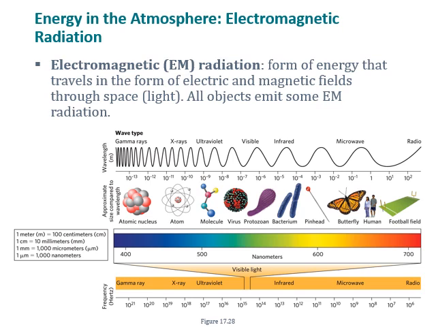Another form of energy in the atmosphere is electromagnetic radiation. This form travels in the form of electric and magnetic fields through space. As light, all objects emit some electromagnetic radiation. So here we have the electromagnetic spectrum, ranging in frequencies from gamma rays, X-rays, ultraviolet rays, the visible light spectrum, to infrared, microwave, and radio waves.